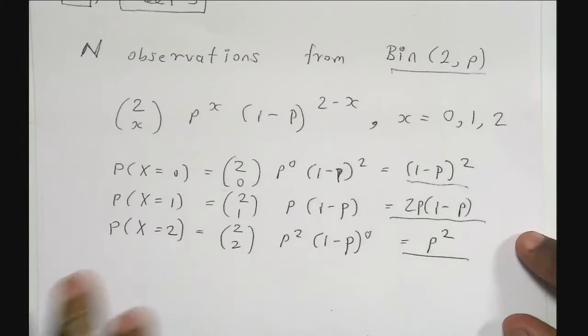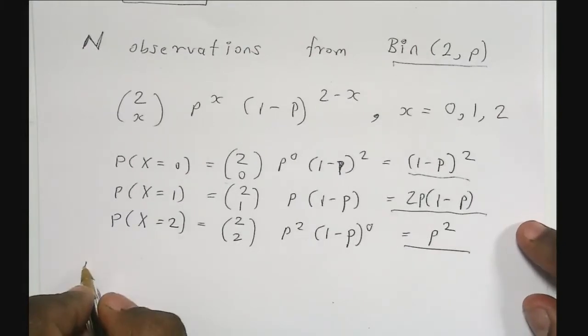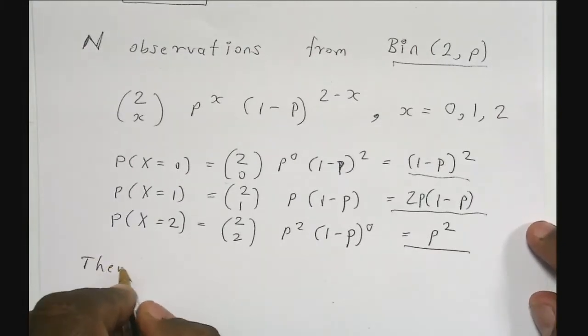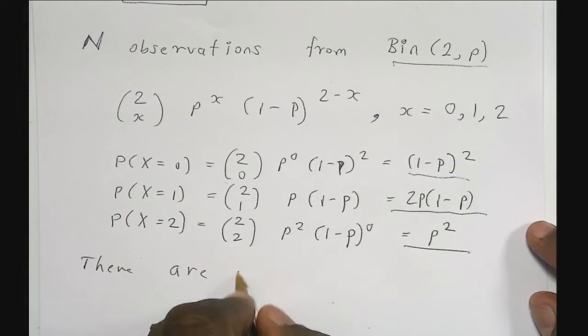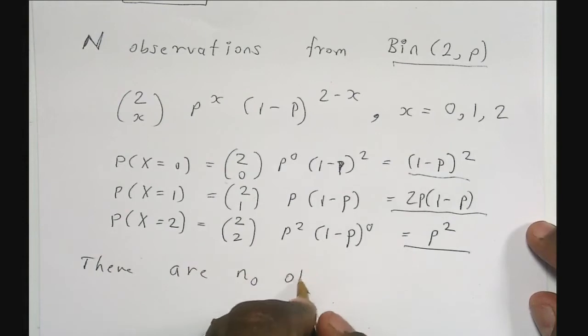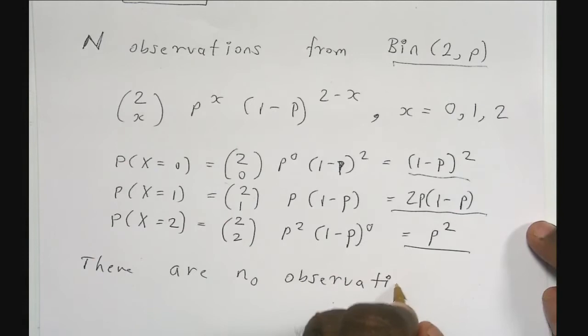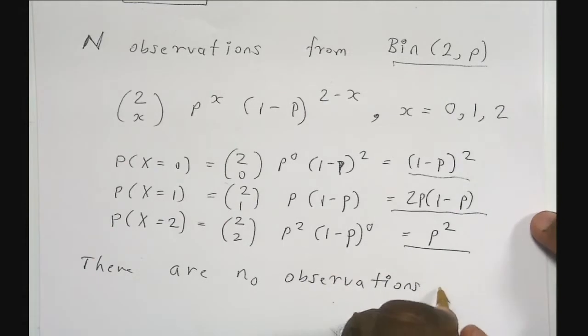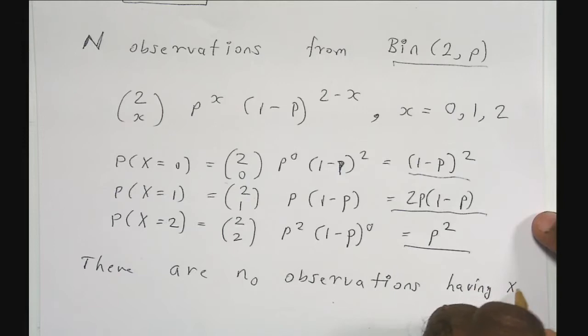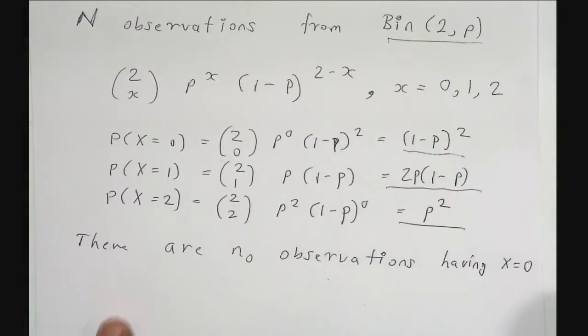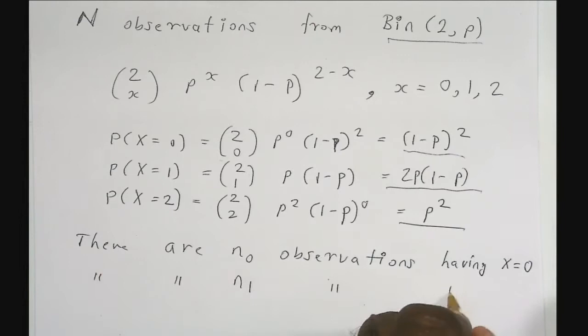The question also said the following: there are n0 observations having x equal to 0, and there are n1 observations having x equal to 1.